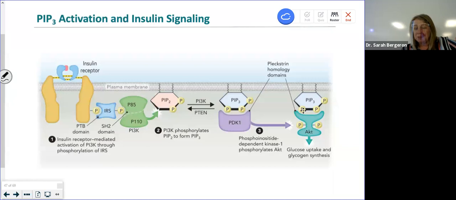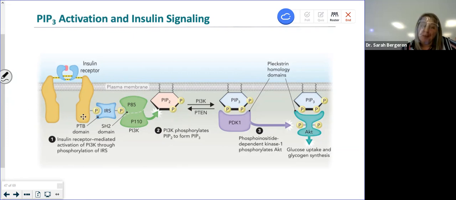Because we have PIP3, we're going to recruit AKT, but it's PDK1, the kinase, that's actually going to phosphorylate the AKT. And then we're going to activate glucose uptake and glycogen synthesis. If you want to know all about that, you should absolutely take Biochem 2 because it's really super interesting, and we'll go into detail on that.